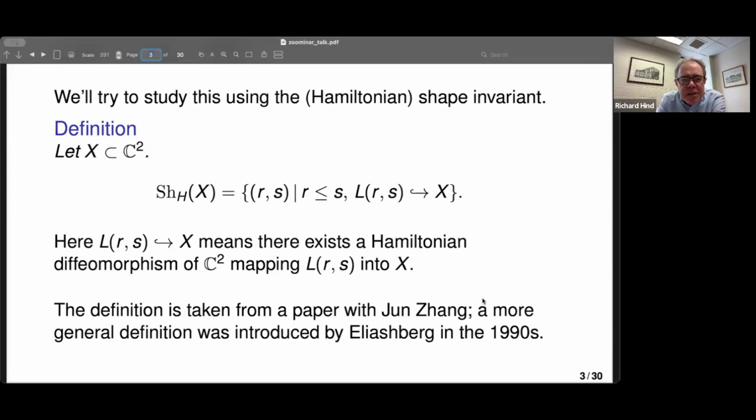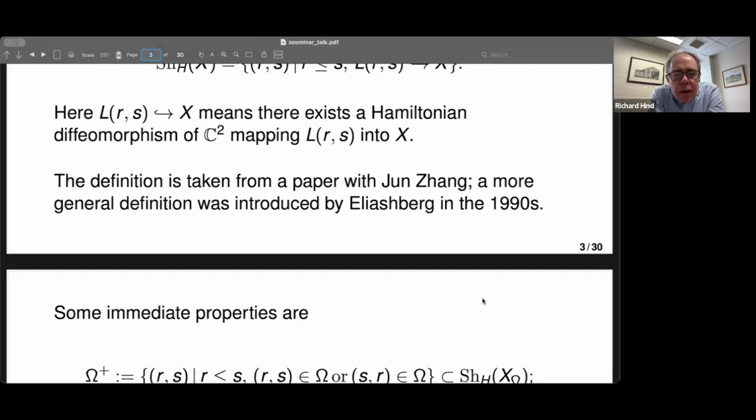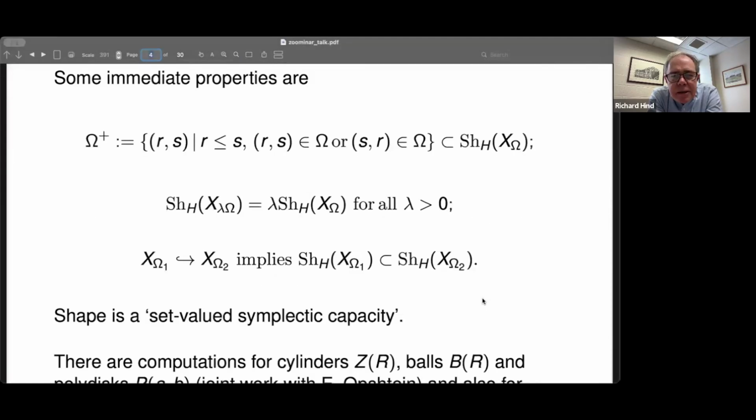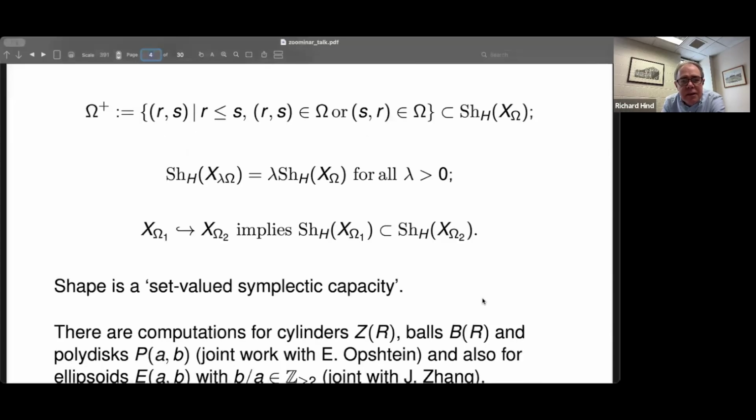So, some properties of the shape. First of all, more or less, the moment image sits inside the shape, except we have to make a little correction because I'm writing the factors in order, so this symmetrized version of the moment image is a subset of the shape. Then it scales nicely: if you scale omega, the shape scales.